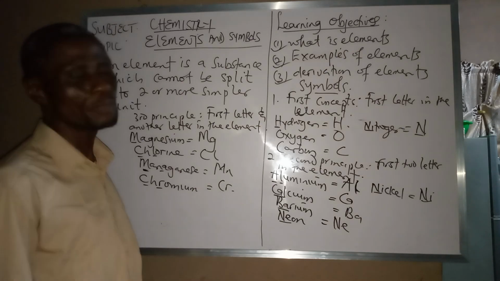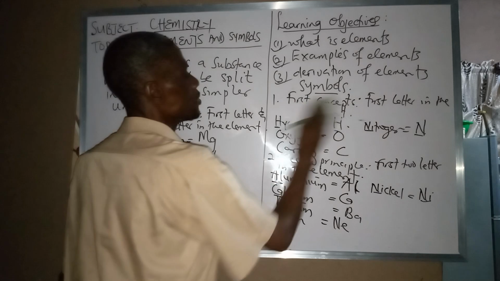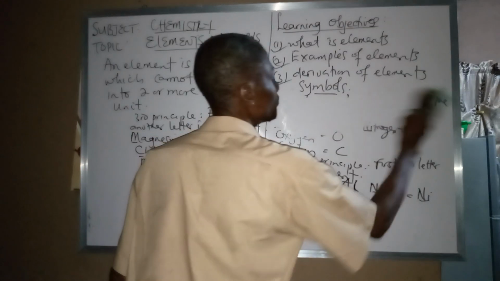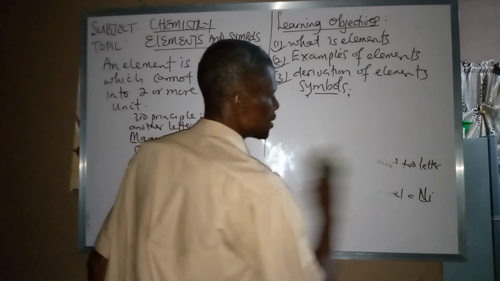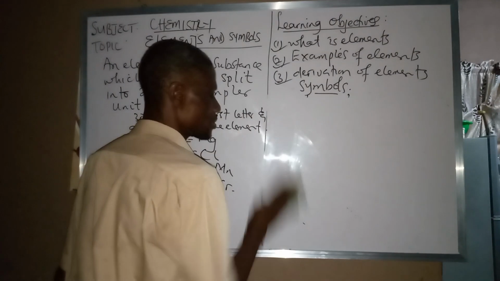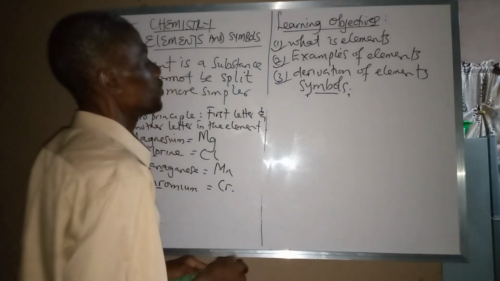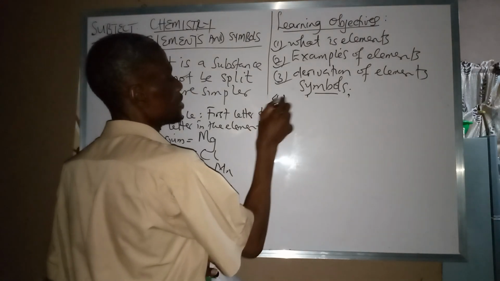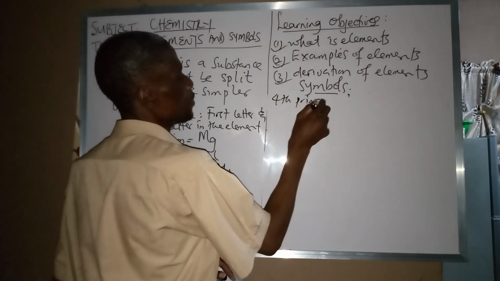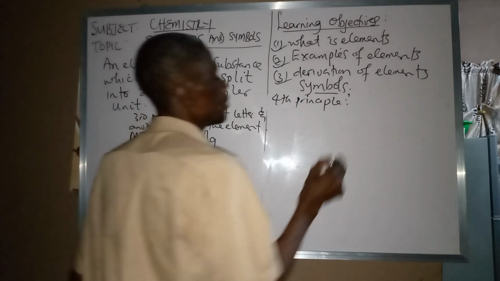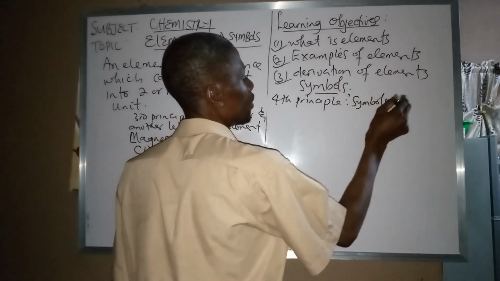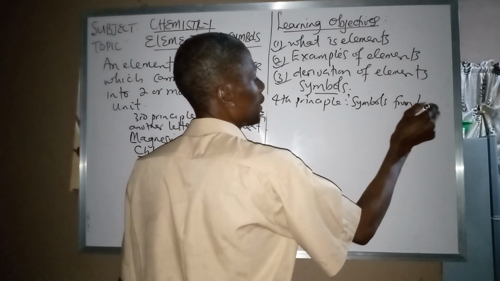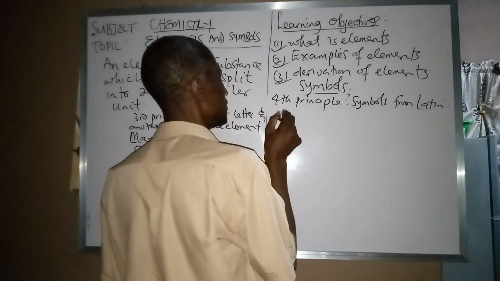What about the fourth principle? The fourth set. How do you get the symbol of those? Okay, the fourth principle. This one, we got their symbols from what we call the Latin name.